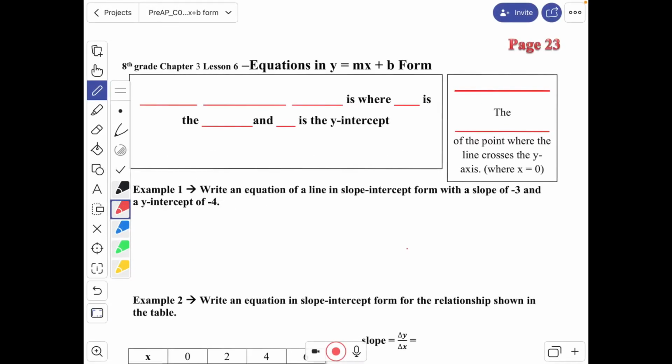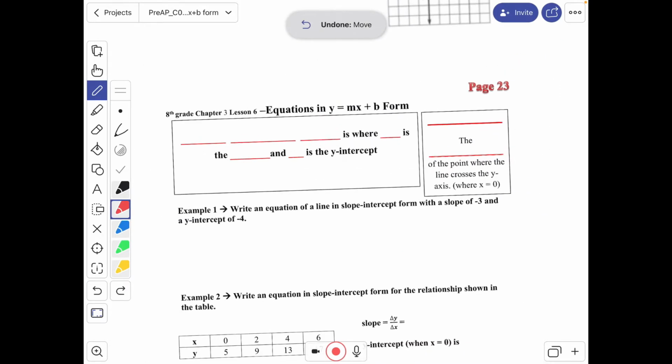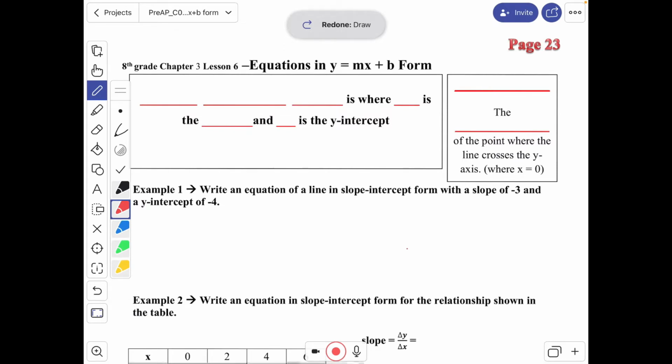Today we're covering 8th grade, Chapter 3, Lesson 6, Equations in y equals mx plus b form. So this is a very special formula called slope-intercept form.